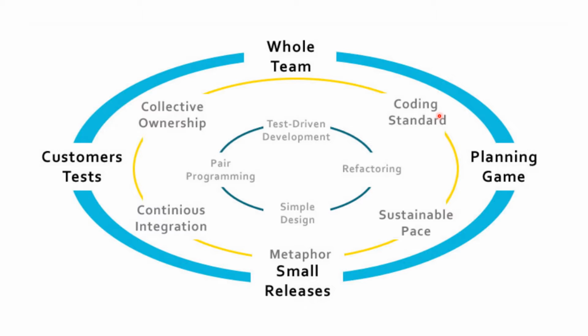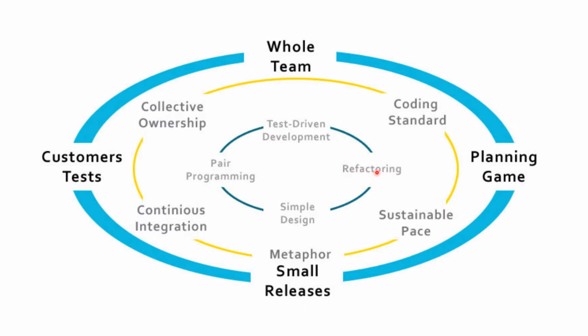These are team level practices. And the outer layer talks about planning game, small releases, customer test, whole team, right? It's more of planning and releasing kind of strategies in the outer layer, right?